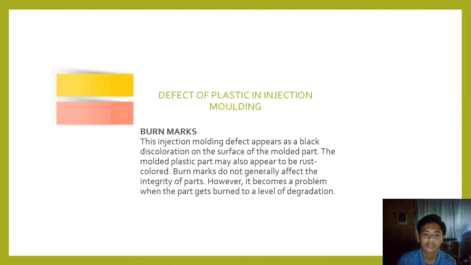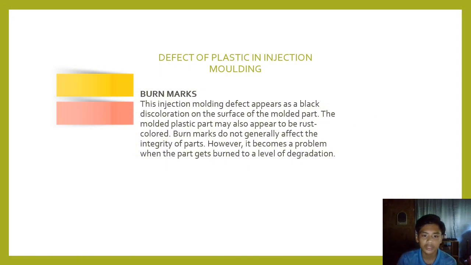Burn marks. This injection molding defect appears as black discoloration on the surface of the molded part. The molded plastic part may also appear to be rust-colored. Burn marks do not generally affect the integrity of parts. However, it becomes a problem when the part gets burned to a level of degradation.